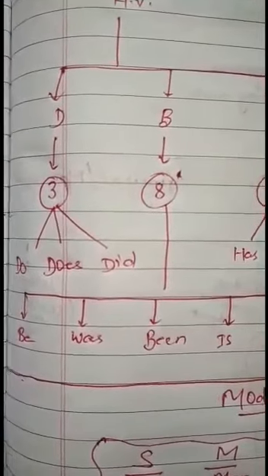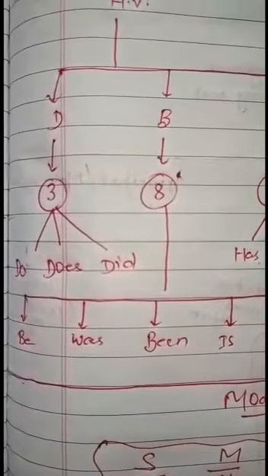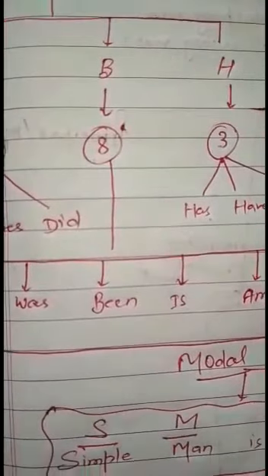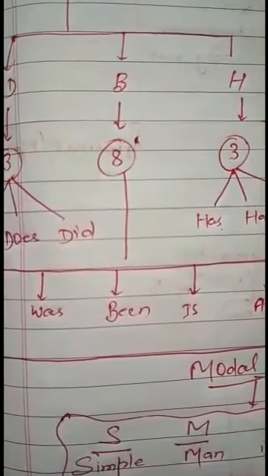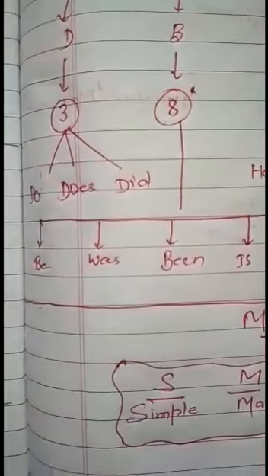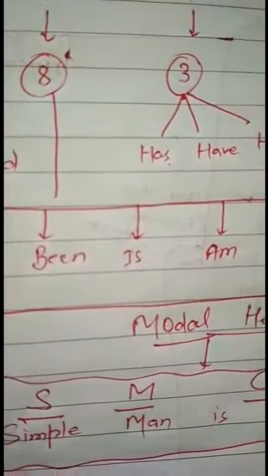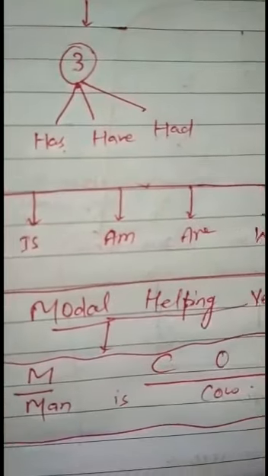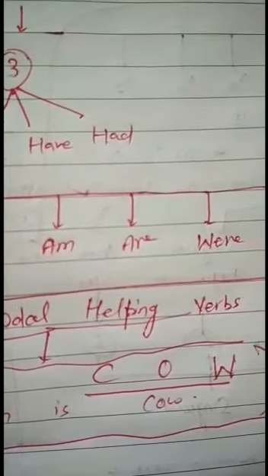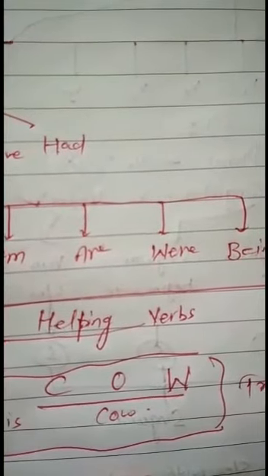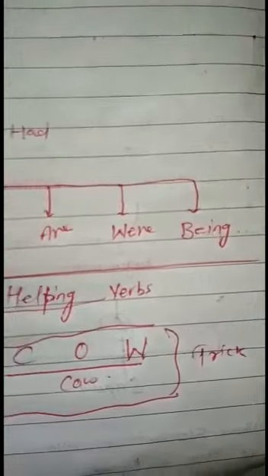First one is do itself, second one is does, and third one is did. Now from B we have taken 8 helping verbs. The first one is be itself, second one is was, third one is been, fourth one is is, fifth one is am, sixth one is are, seventh one is were, and eighth and the last one is being.